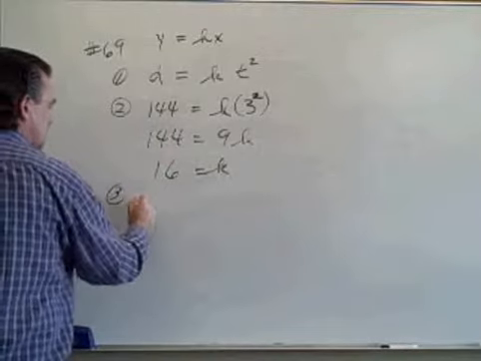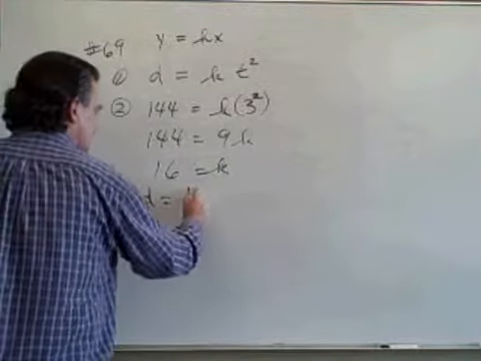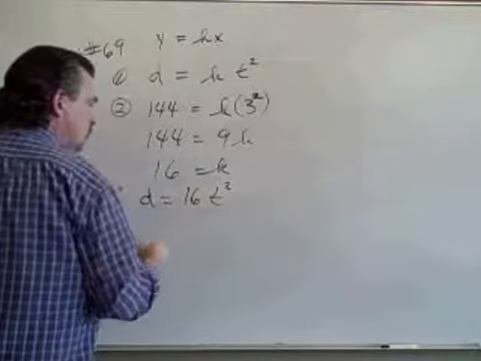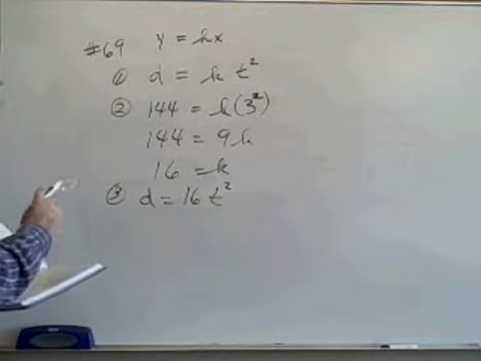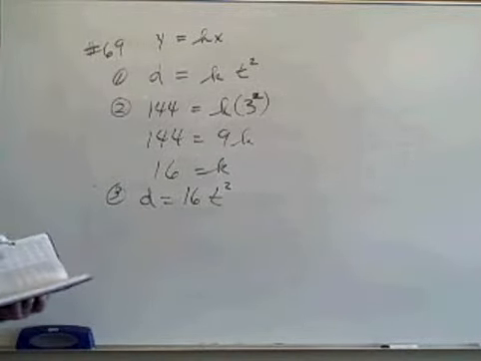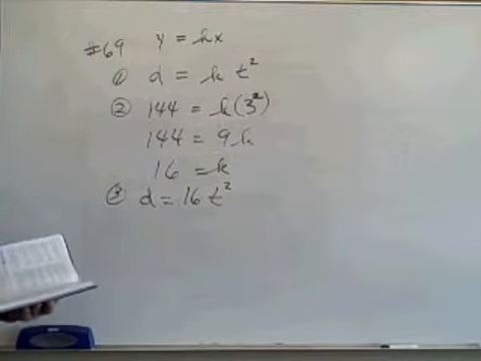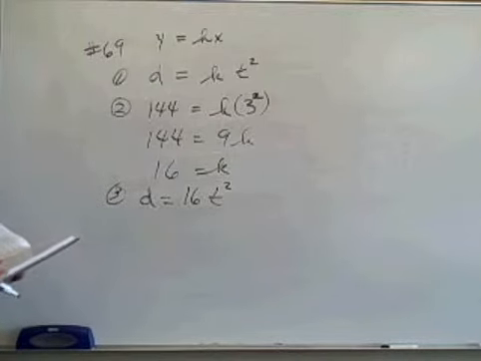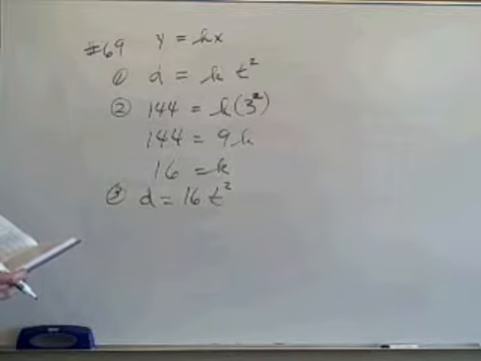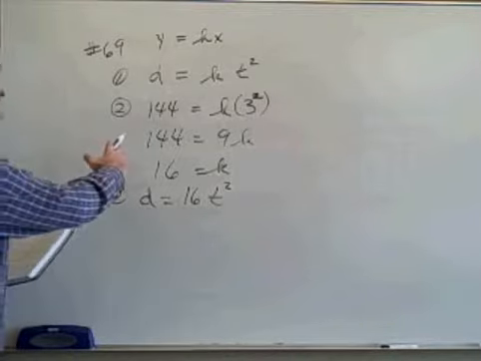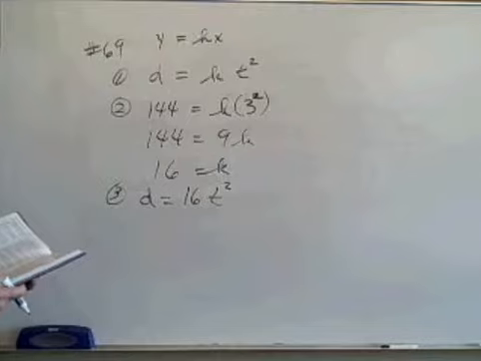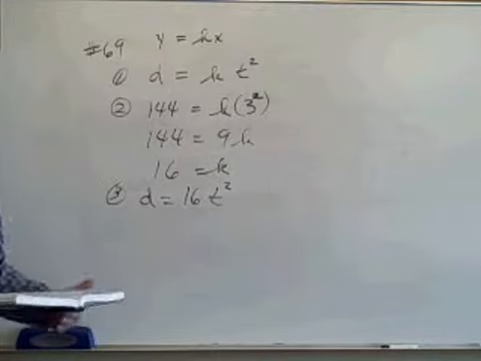So step 3 is to write the specific equation with our known k value now. So our known k value that relates distance to the time that a body falls is 16. So it says, if the skydiver will fall 144 feet in 3 seconds, how far will they fall in 10 seconds?